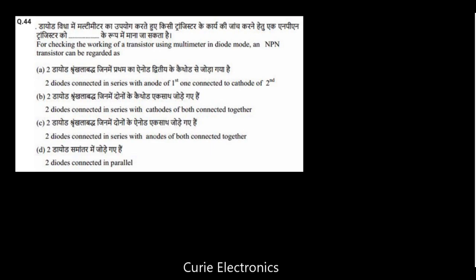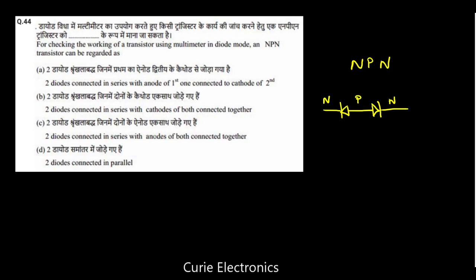This is the N region, P region. P region is the base. Then one more N region. So this can be said as N, P, N. So if you see this, it is a combination of two diodes, with cathodes connected together.